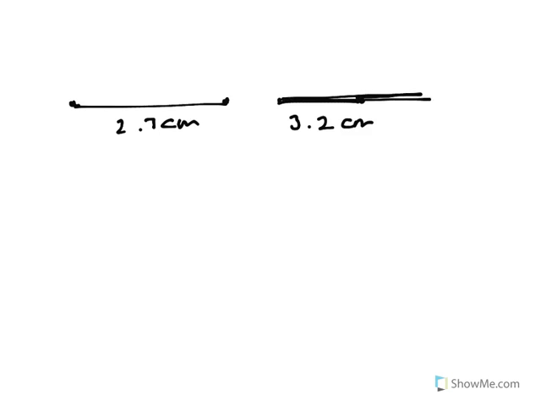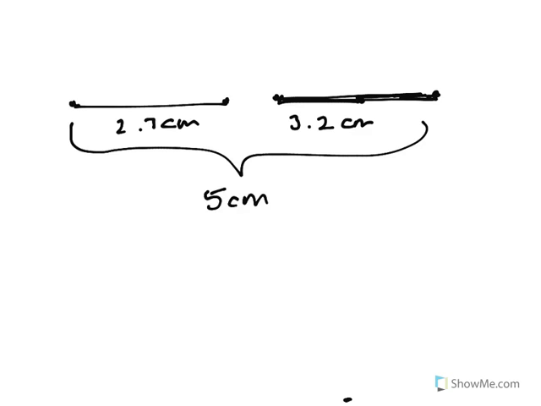But what you should be thinking now is, well, how does this transfer to algebra? Well, if you add together a line that measures 2.3 centimeters and a line that measures 3.2 centimeters, well, let's make this longer since it's 3.2 centimeters, okay? If you add them together, you get 5 centimeters, right? Well, what if you add an x into the equation in order to find the missing piece?